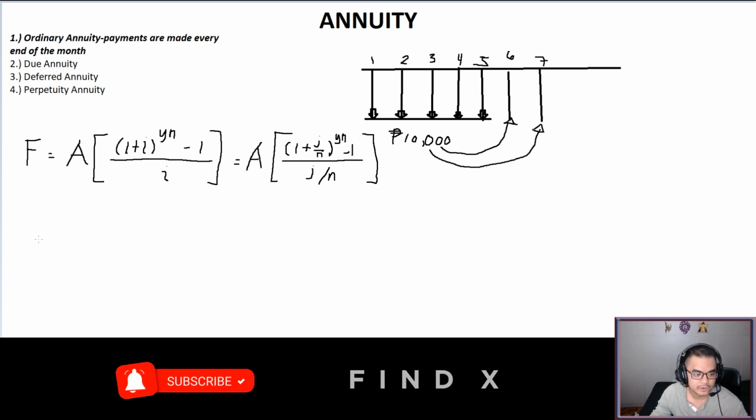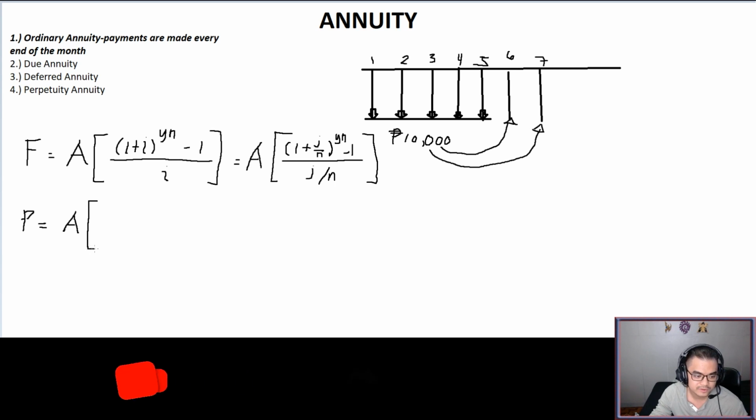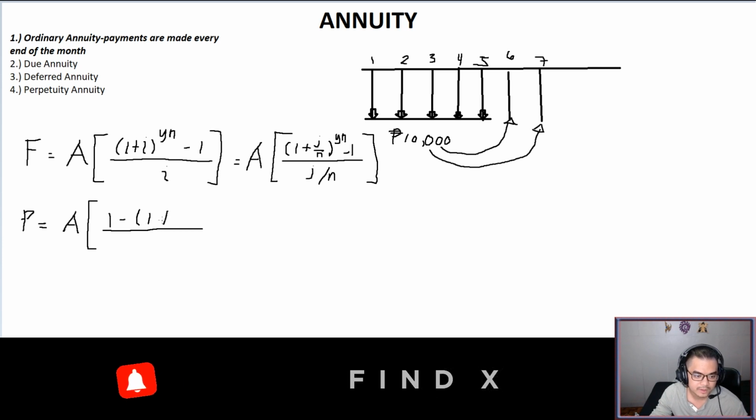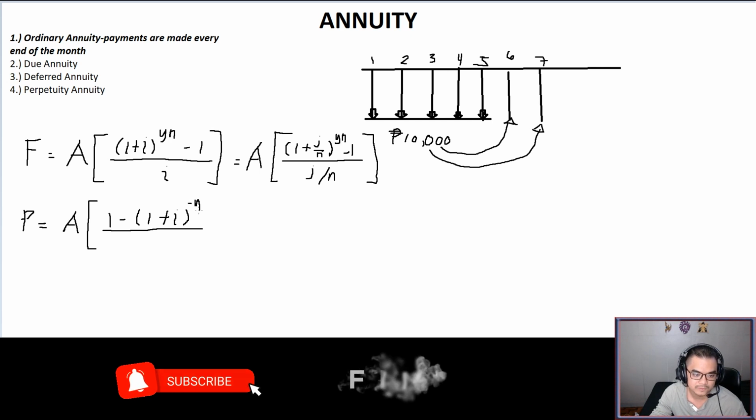If you're looking now for the present, as I told you in the last videos, if you're going left, remember that exponents must be negative. So instead, we will have 1 minus (1 plus i) raised to negative n, all over i.